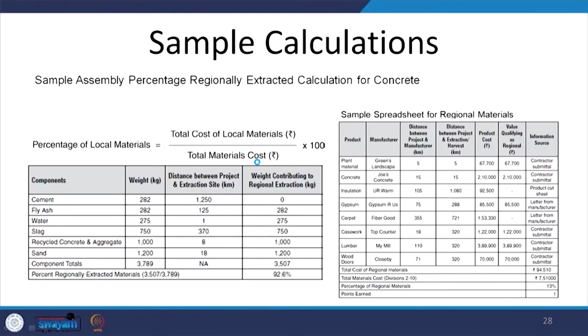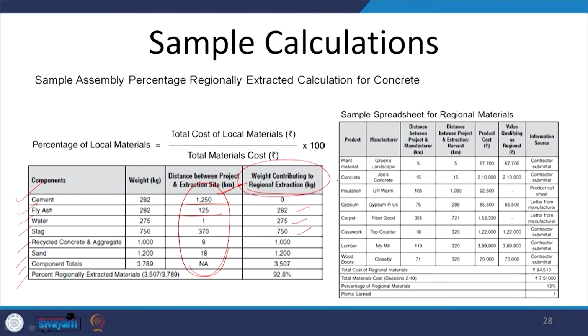Again, if we want to show the compliance, we have to prepare a calculation sheet. So, this is how it looks. We have different types of materials identified, whatever materials are going to be used, and then we identify from where these materials are being procured, based upon the distance from the site to the extraction site or the manufacturing site. Whatever complies within the 400 kilometer radius will be accrued towards the weight contributing to regional extraction.